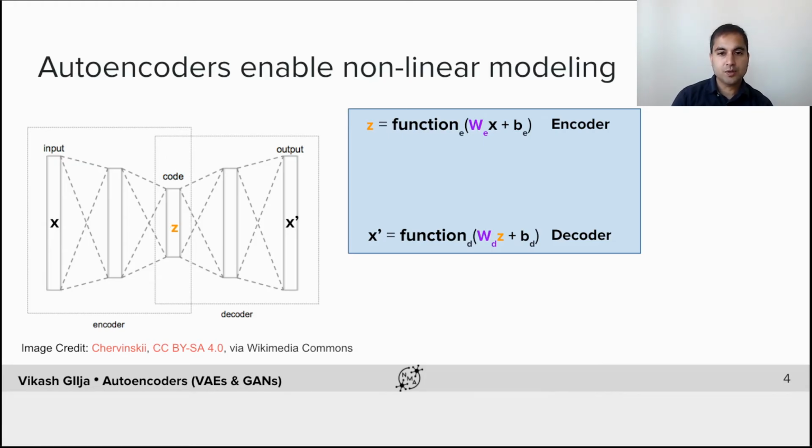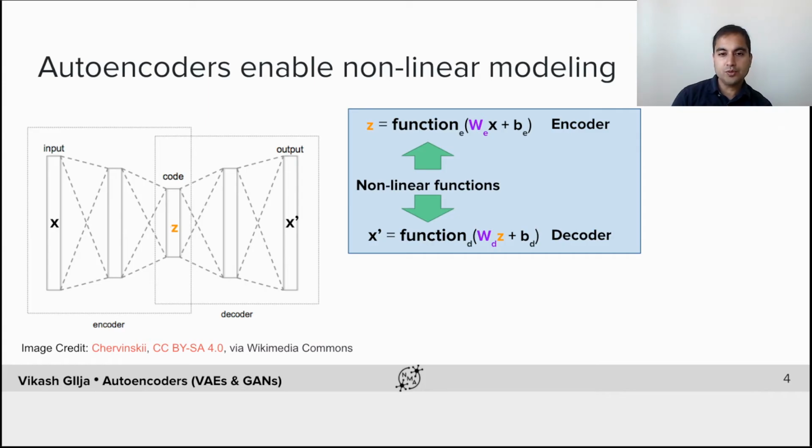Here I'm showing equations for a very simple single layer autoencoder. What we see is that there is a linear mapping, right? We have our matrix times x on the encoder side plus an offset. But for both the encoder and the decoder, we also have a function for which that linear mapping is an input.